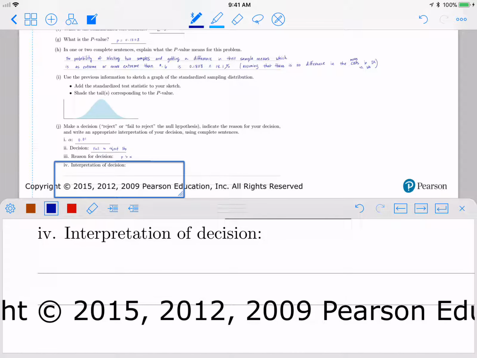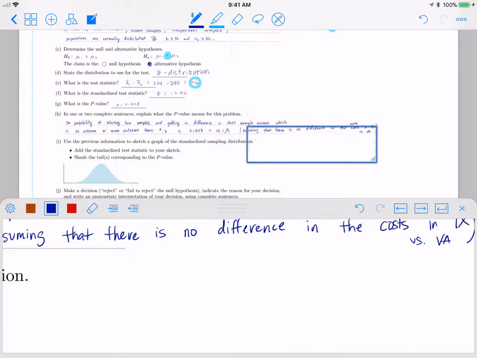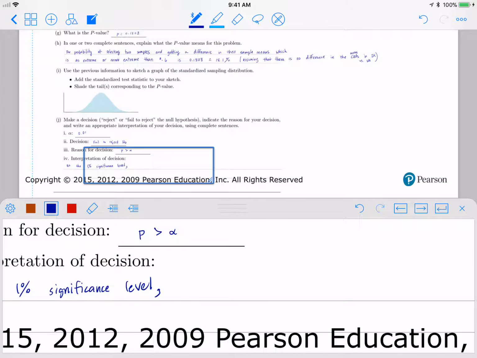And the interpretation of the decision is at the 1% significance level. Since we are failing to reject H naught and HA is our claim, there's insufficient evidence to support the claim.